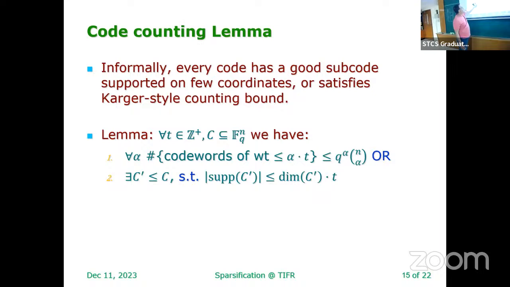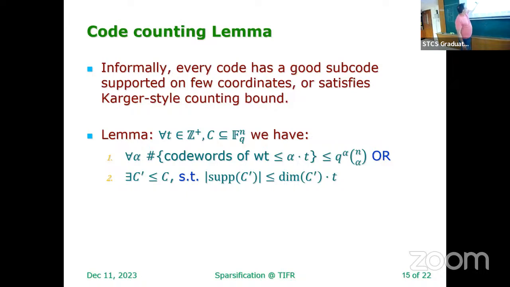Formally, the statement is expressed in the following way. There's an additional parameter t. I'm given a code which is contained in F_q to the n. So this can be over any field. One of two statements should hold. Either you have a codeword counting bound: for every alpha, the number of codewords of weight at most alpha times t is at most polynomial, with exponent alpha.